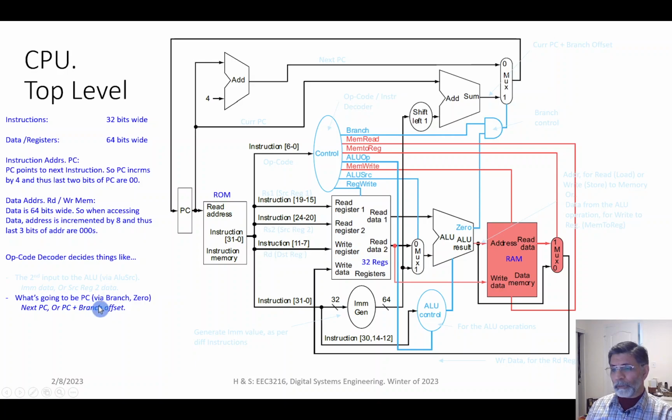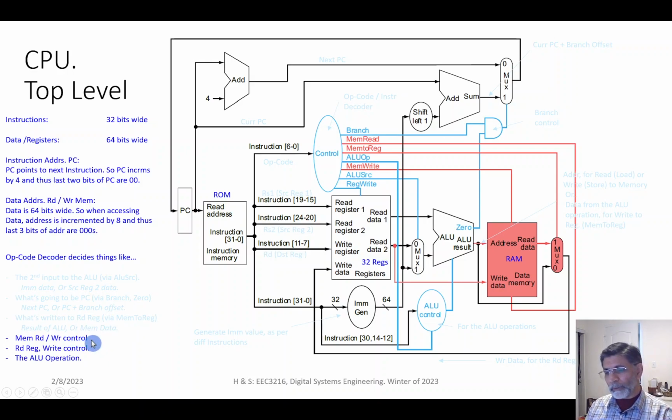It decides what is going to be the PC, which I already talked about a few times. It also decides what is going to be written to the destination register through this bit: the result of the ALU or the read data from the memory block. And some other controls like memory read and write control, and the write control for the destination register, which is coming here, reg write, etc. So these are the other things which the opcode decoder does.